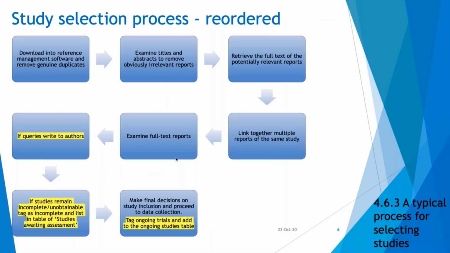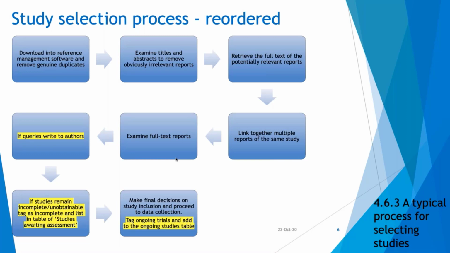In terms of the study selection process, there was a very slight reordering, and just some emphasis on the fact that it is important, if you have queries about documents relating to a study, to write to the authors. But the main new emphases in the study selection process guide is about recording information on incomplete and unobtainable records, making sure they're tagged and making sure they're listed in the table of studies awaiting assessment.